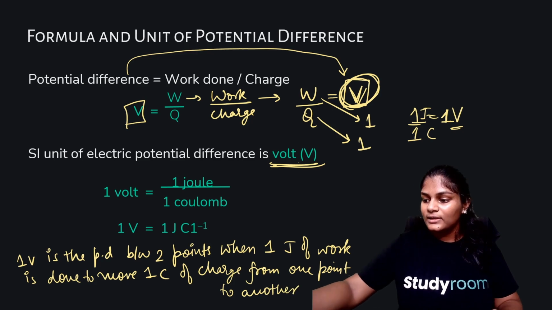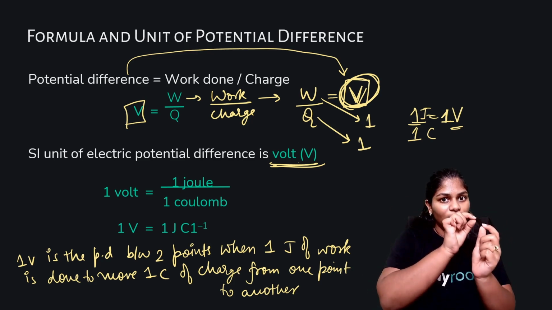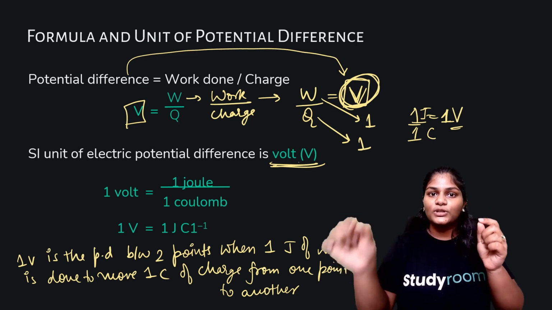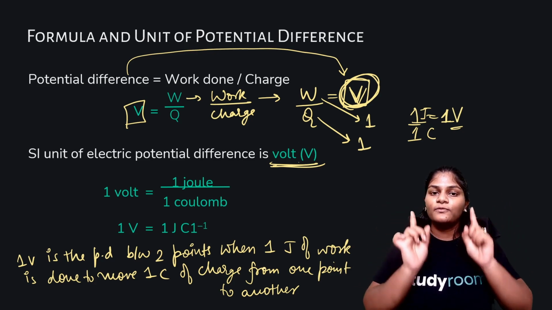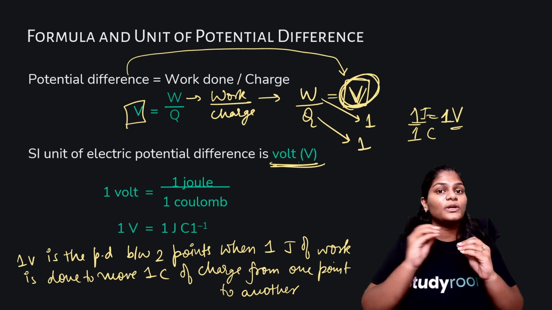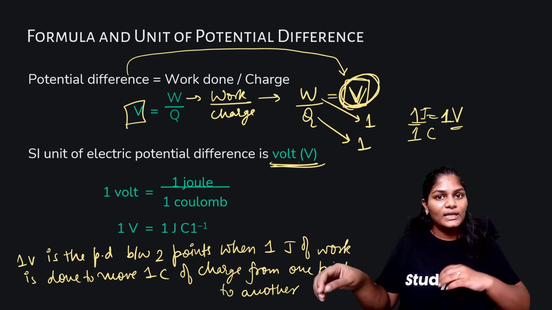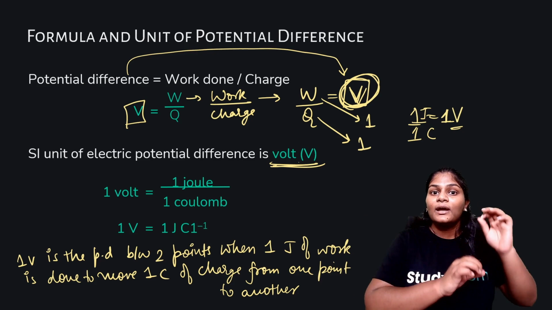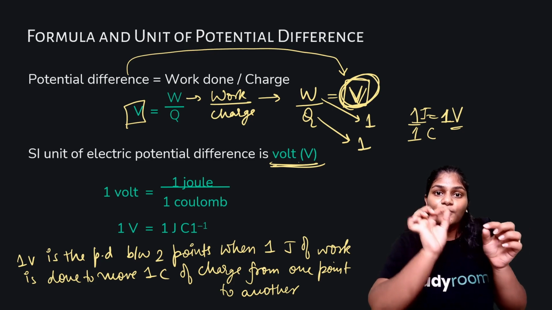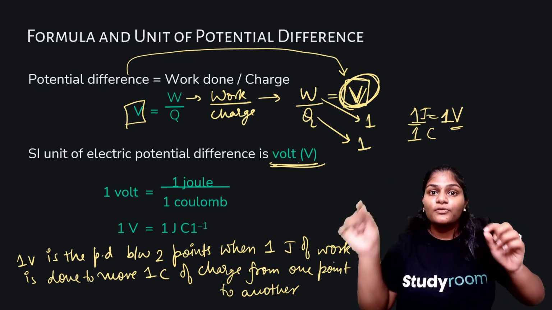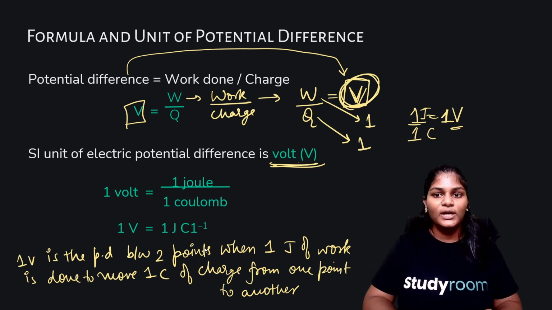So when 1 joule of work is done to take 1 coulomb of charge from point A to point B, the potential difference between those 2 points is known as 1 volt. You can also write it as: when 1 joule of work is done to take 1 coulomb of charge from one end of a conductor or one point of the circuit to another point, then the potential difference between those 2 points is 1 volt. Okay, moving on.